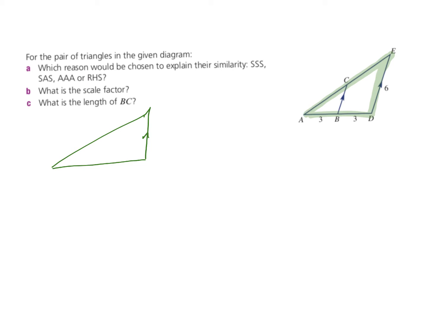If I call it A, D, E, this would be a 6, because I've added these two together. Now I'm going to say it's similar to the little blue one, so I'll draw that too, A, B and C.